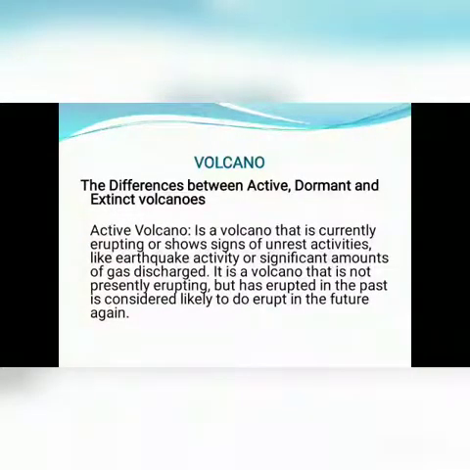Next topic is volcano. There are differences between active, dormant and extinct volcanoes. First of all, we understand about an active volcano: a volcano that is currently erupting or shows signs of unrest, activities like earthquake activity or significant amounts of gas discharged.